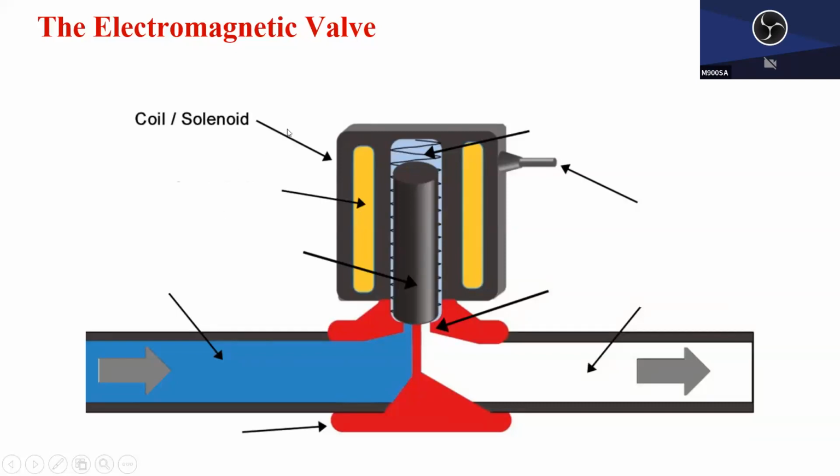And inside the solenoid, as its name represents, it has a coil of wires. This yellow thing is wires, and this one is a coil of wires. In the solenoid, we have two coils of wires, which give electromagnetism when there is an electrical current coming.